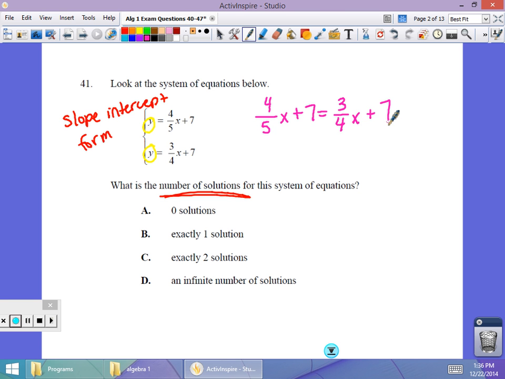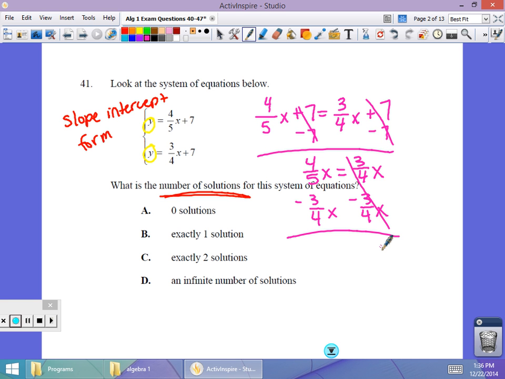And then you're going to solve for x. Subtract 7 from both sides. 4/5 x equals 3/4 x, because the 7's cancel. I'm going to subtract 3/4 x on both sides.